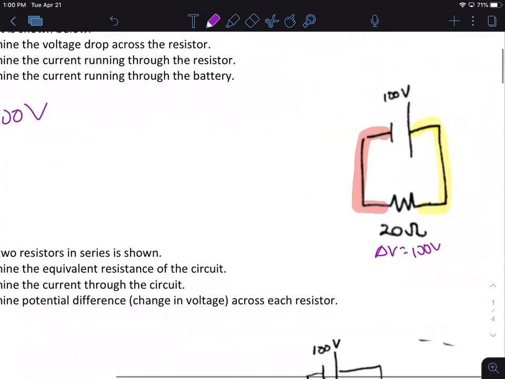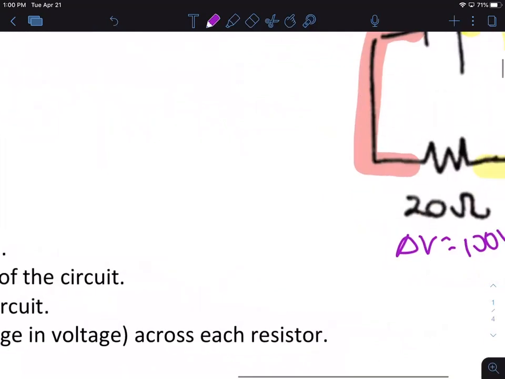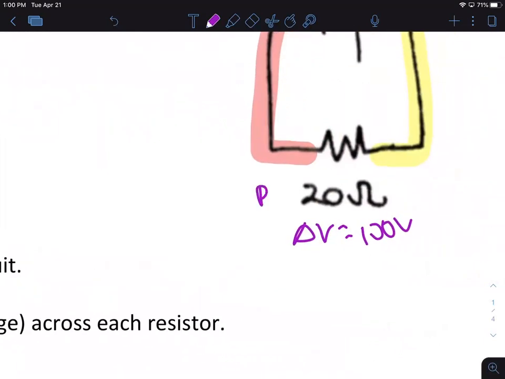The current through the resistor. Well, I know the resistance of the resistor, 20 ohms. It's changing the voltage by 100 volts. I can use Ohm's law, delta V equals IR, to figure out what this current needs to be.